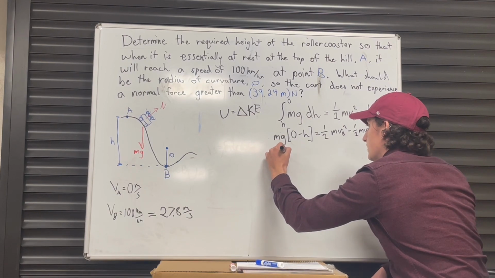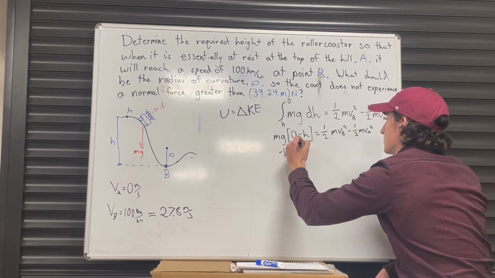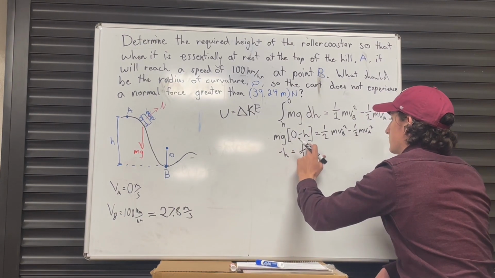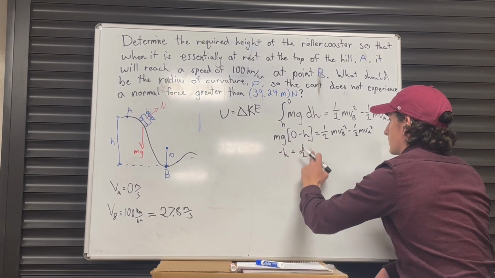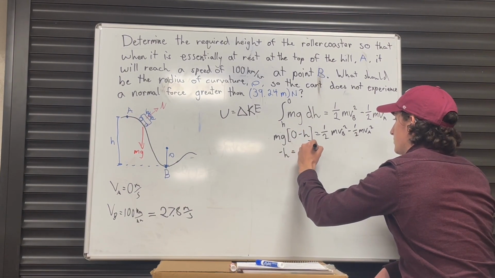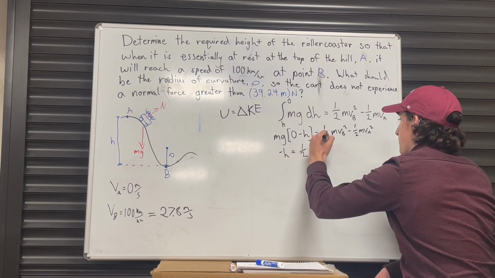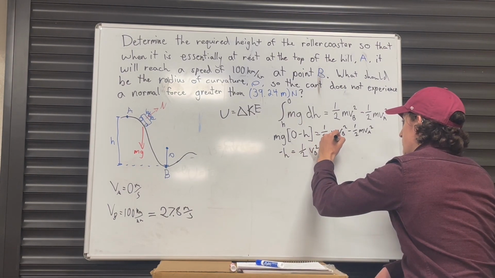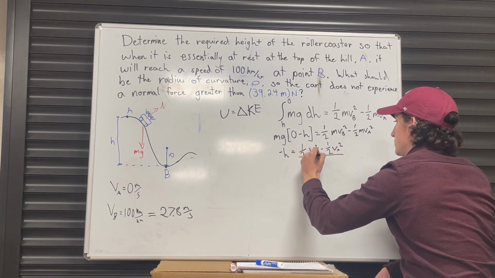So we'll have negative height equals 1/2 the m's cancel, so I'll have vB squared minus vA squared over g.